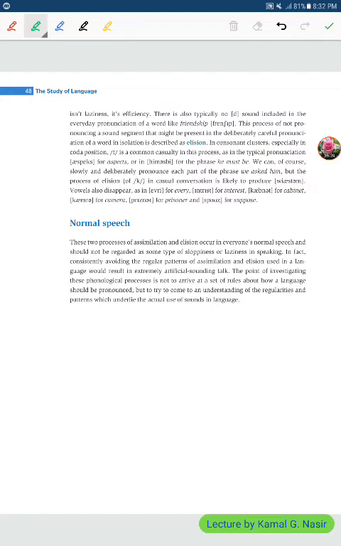In our normal speech, when I talk to you, you find that there is elision, there is assimilation, and there are many different phenomena in my speech. The two processes of assimilation and elision occur in everyone's normal speech and should not be regarded as some type of sloppiness or laziness in speaking.